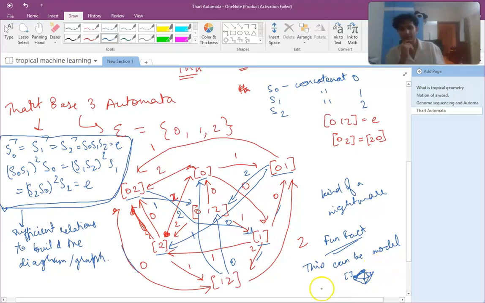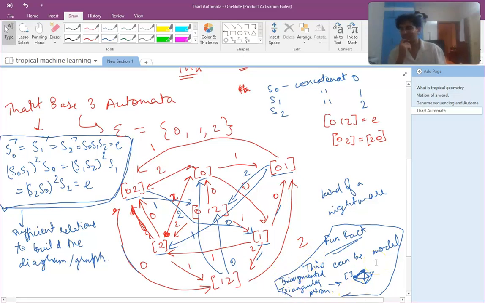And so this is actually called an augmented triangular prism. And so, yeah, we can 3D print this and we can start labeling edges if we like.